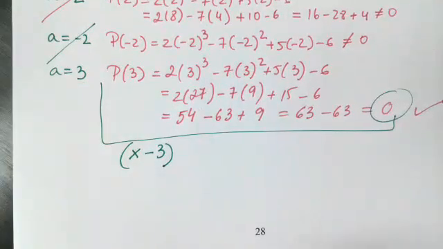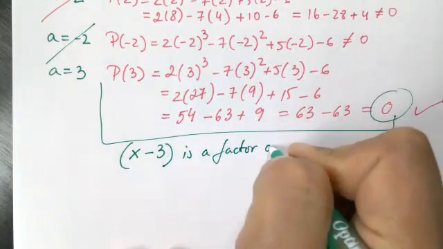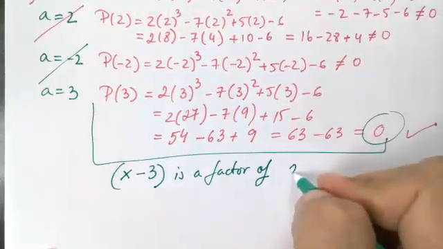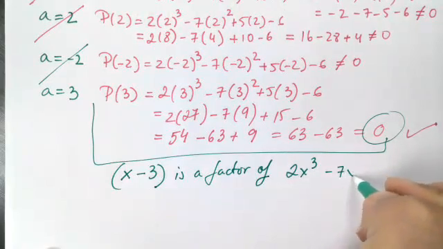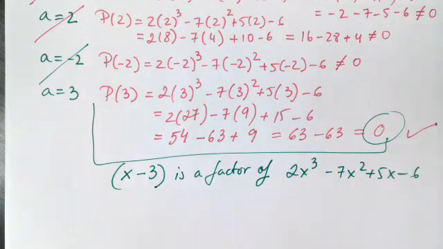So x minus 3 is a factor of 2x cubed minus 7x squared plus 5x minus 6. If I take this divided by x minus 3, I will get a polynomial answer and no remainder, right? So just a simple answer.